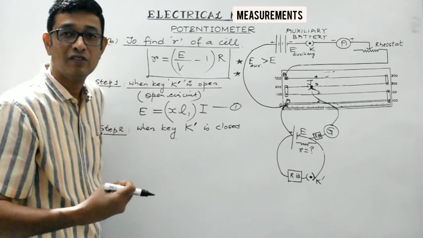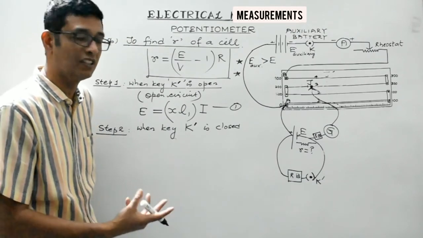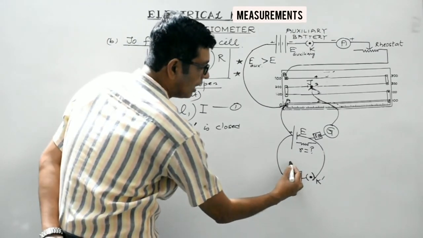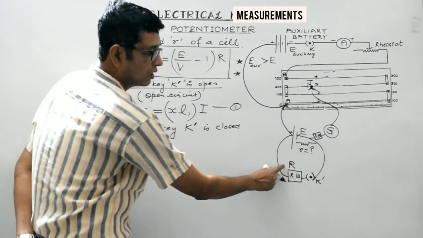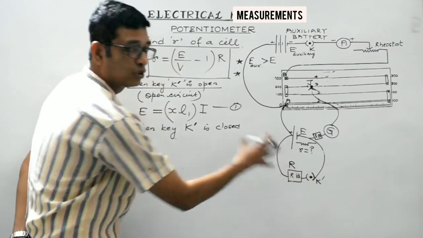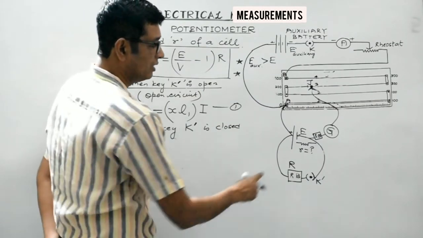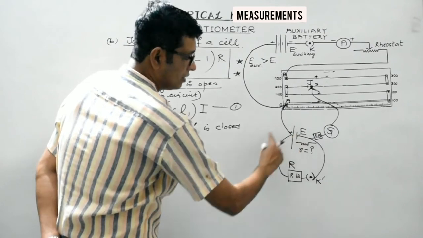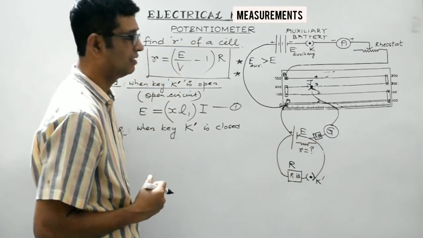So now the concept of TPD will come, terminal potential difference, isn't it? It will become a closed circuit. And suppose R is the resistance which is introduced in the circuit from this resistance box, and its value is known to us. In this case, the circuit will become closed and some current will be drawn from it.